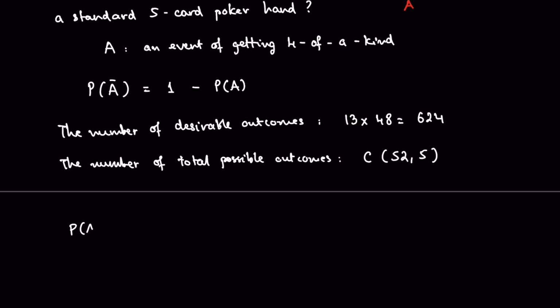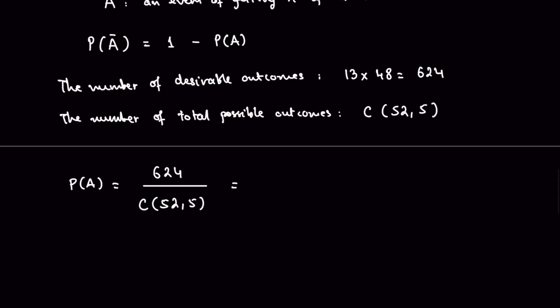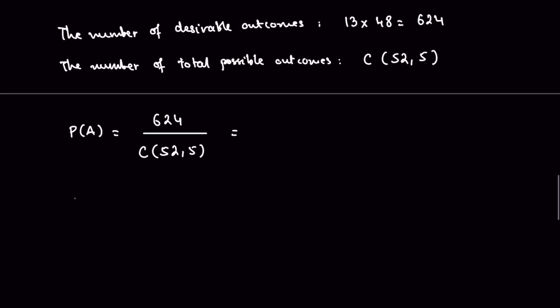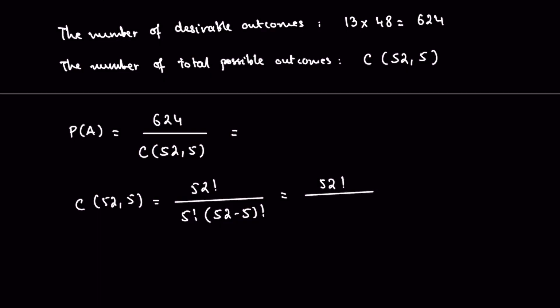Therefore, the probability of A is going to be 624 divided by the combinations of 52, 5. So we're going to do a little bit of work on the combinations of 52, 5. The combinations of 52, 5 is equal to 52 factorial divided by 5 factorial times 52 minus 5 factorial, which is 52 factorial divided by 5 factorial times 47 factorial, which is 2,598,960.